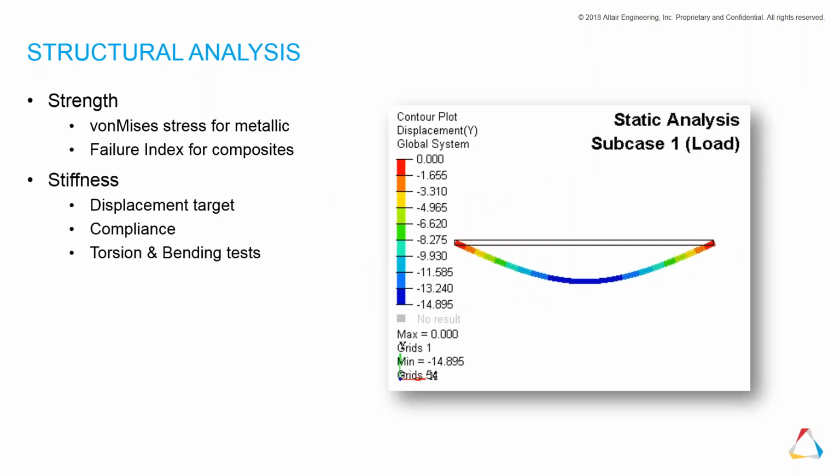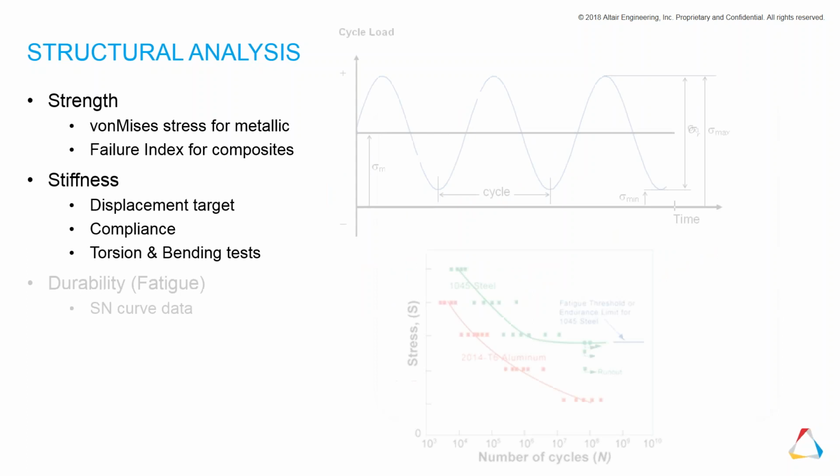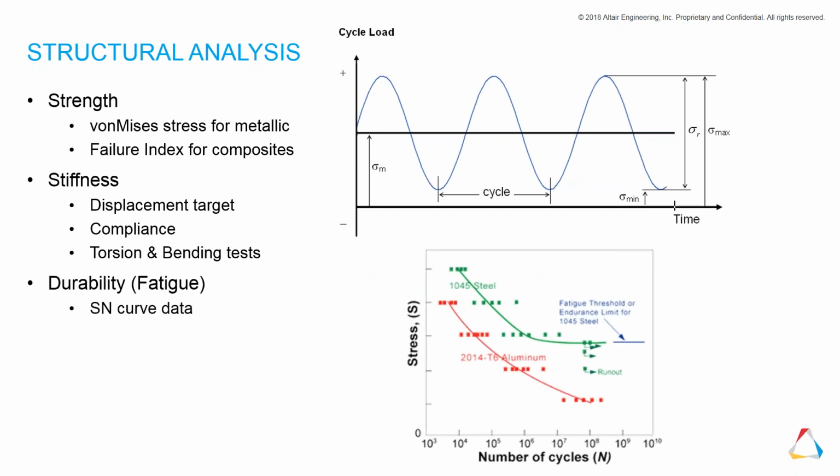We'll also be looking at stiffness, so limiting the displacement, the rotation, or targeting a certain stiffness in bending or torsion. We also need to consider durability and fatigue. Like I say, when we're looking at stress, if it's a part that's going to undergo a very low number of cycles, then we can look at the yield stress.